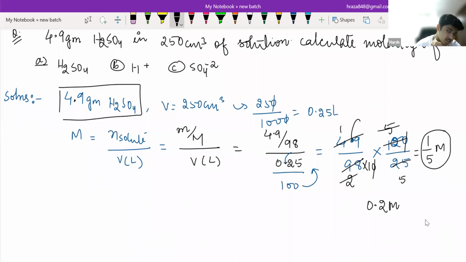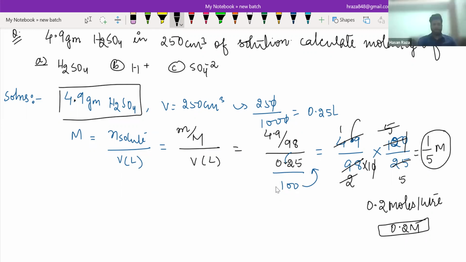Clear? I have some errors, I have 0.3. So there is a mistake in the calculation. I'll check the error and let you know. Just check the error and let me know.